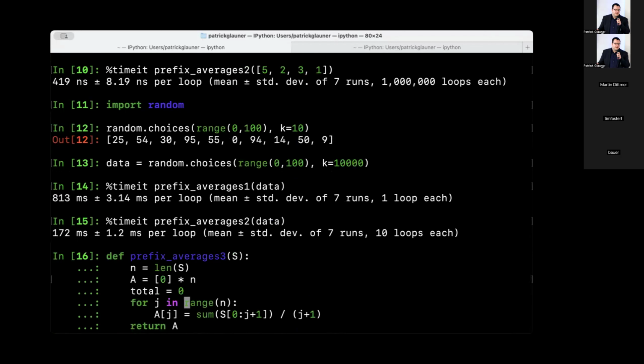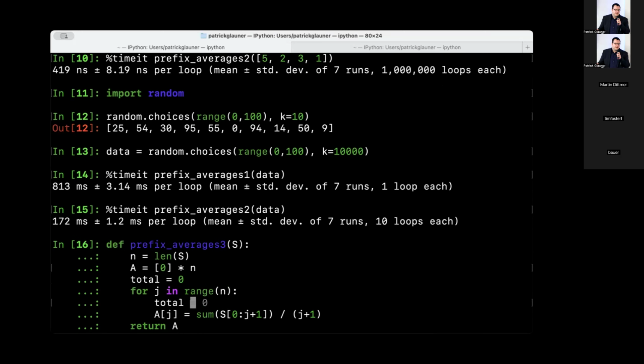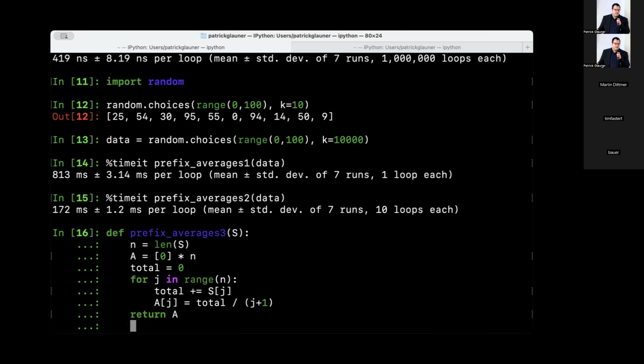But actually, we could reuse the sum from before and just add something on top of it, and then use that sum in order to continue. This is what we're doing now. I'm saying my total starts with 0, and it's s of j. Rather than computing the whole sum, I will just use my current total and divide it by j plus 1. This is prefix averages 3, because each time I'm just summing one more element, and here I'm reusing the sum from the iteration before.